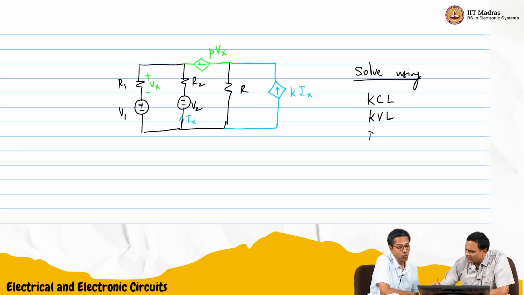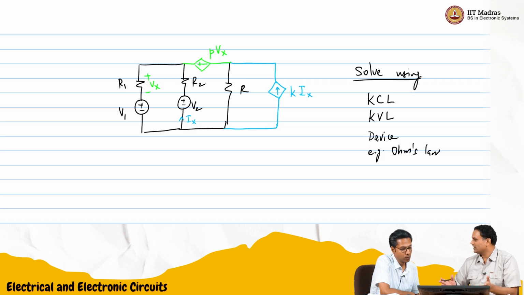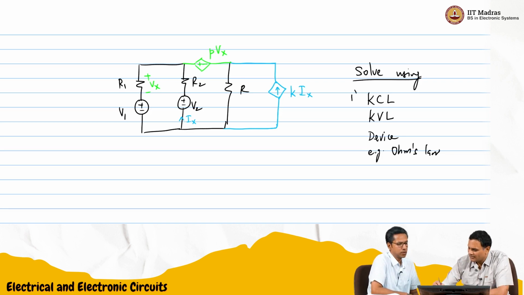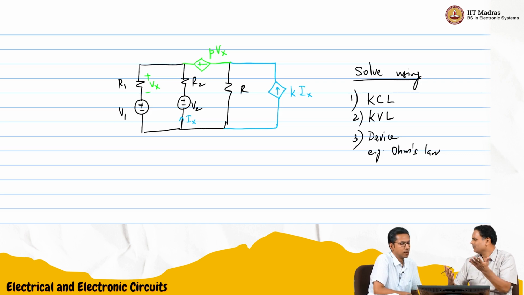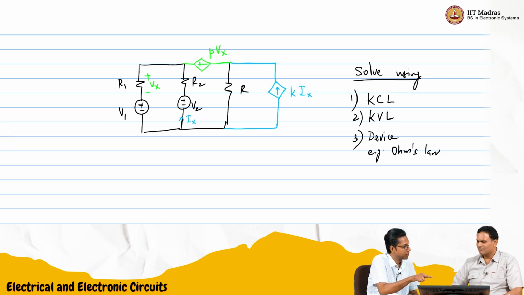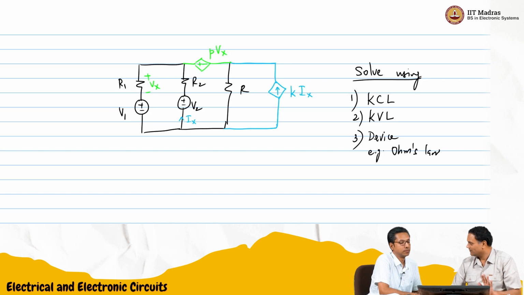And then we used device characteristics: Ohm's law for a resistance, or phasor domain Ohm's law for inductances and capacitances. We wrote down the voltage and current equations using these three. So we just have to take care of K, Ix, etc. KCL and KVL we still have to write. We now have more devices with their own equations, and we have to incorporate those. Our solution will not change drastically.